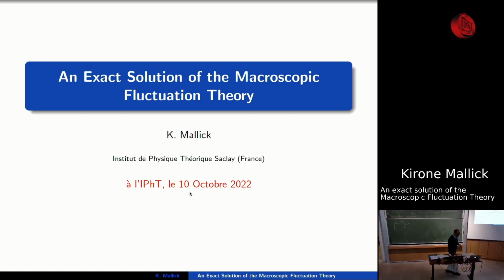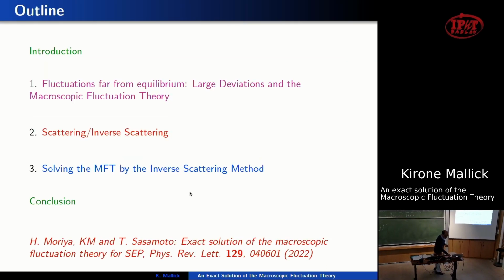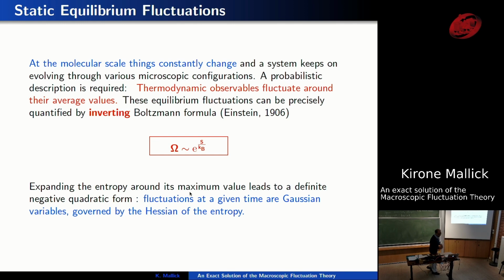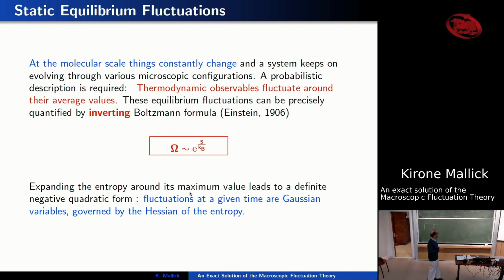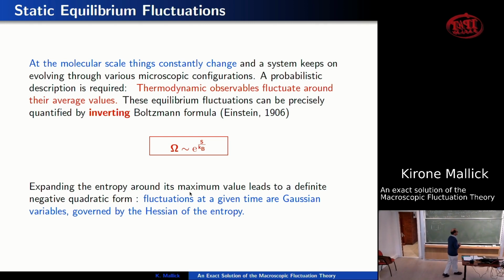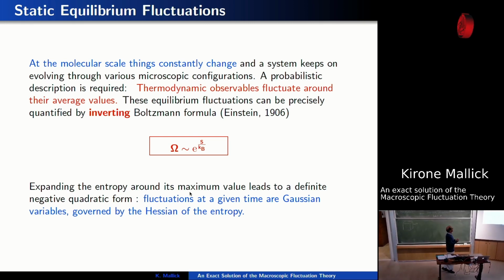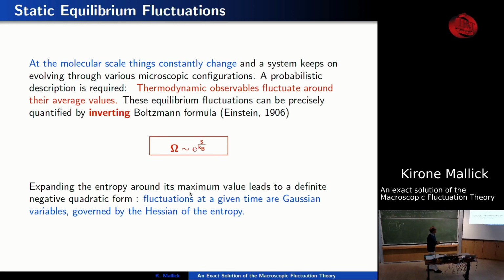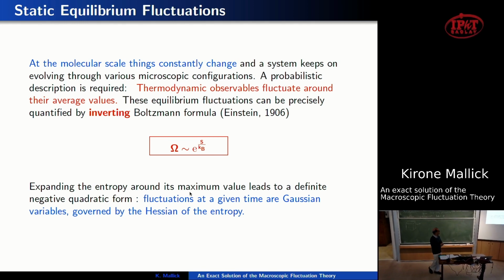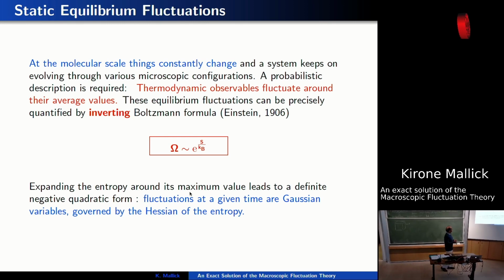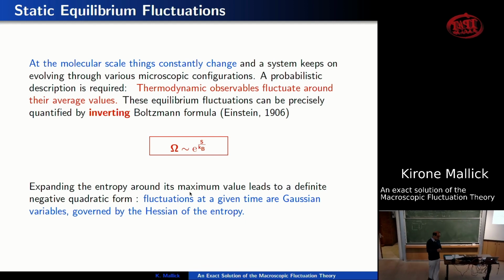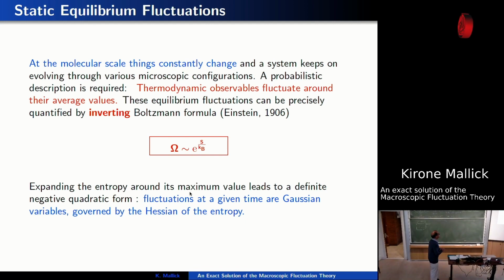If you consider a system at thermal equilibrium, Einstein already in 1906 had the idea that one could invert Boltzmann's formula, which gives the number of microscopic states omega as a function of the entropy S, and write that omega is the exponential of S over kB, and use this Boltzmann-Einstein formula to compute how thermodynamic observables fluctuate around their average values.